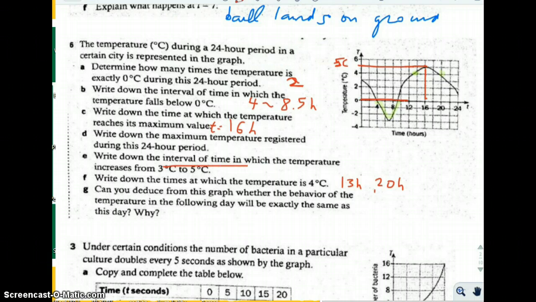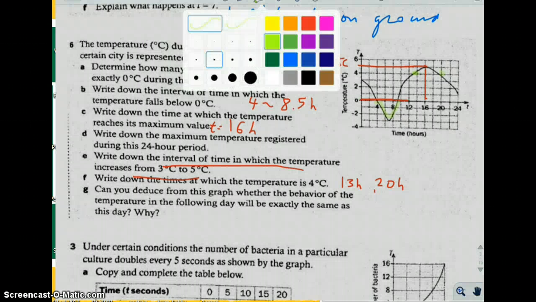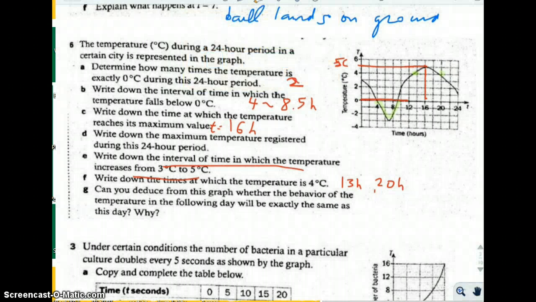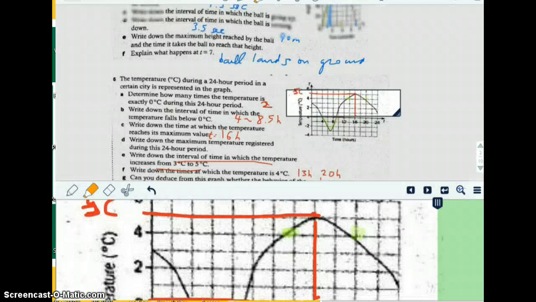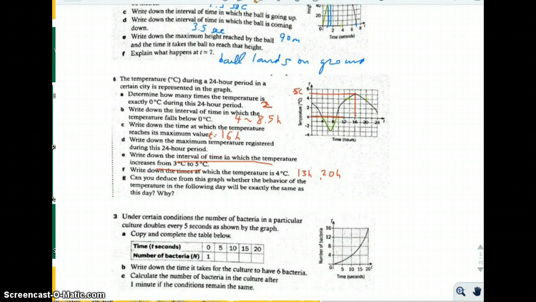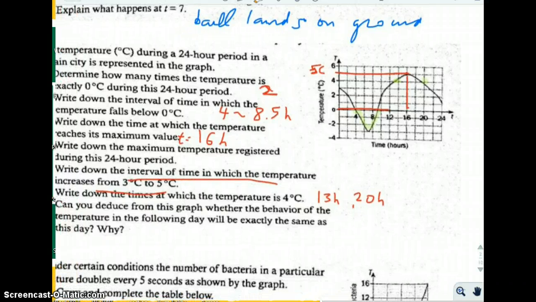Write down the interval of time in which the temperature increased from 3 degrees to 5 degrees. So that would be like from here to, oops. That would be from 3 to 5 up there. Okay.